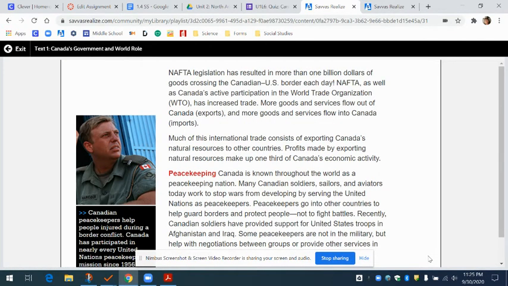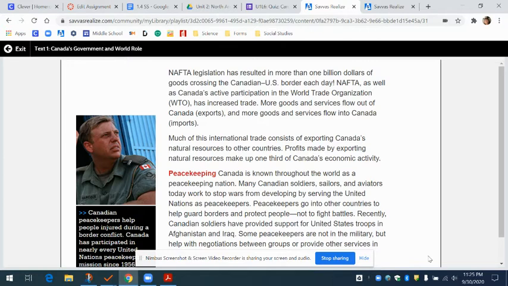NAFTA legislation has resulted in more than $1 billion of goods crossing the Canadian-U.S. border each day. NAFTA, as well as Canada's active participation in the World Trade Organization, the WTO, has increased trade.